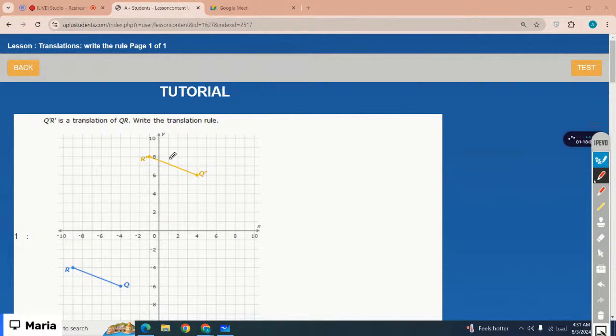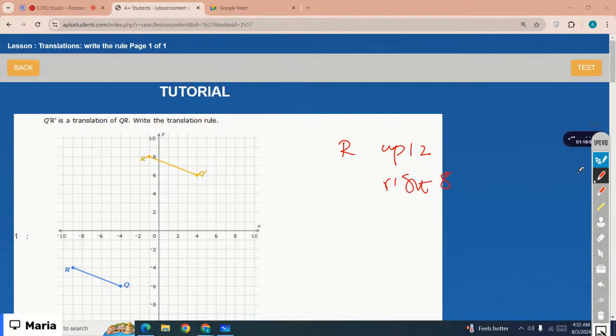That means R dash moved up from -4 to 8. That means it is moved 12 up. R is moved up 12 points, and moved right 8 points, right?